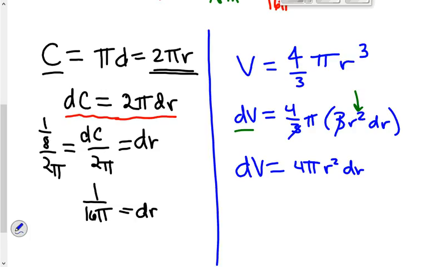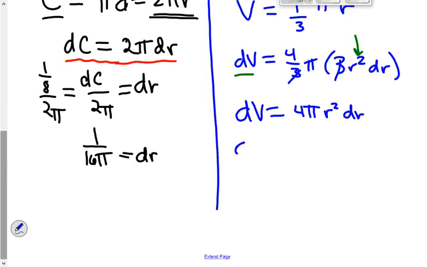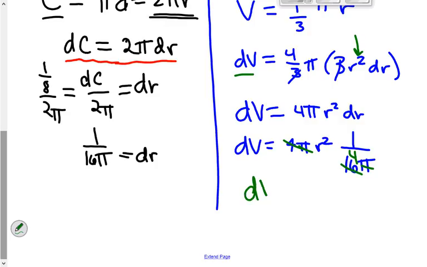What's my dr equal to? 1 over 16 pi, so I've got 4 pi r squared, 1 over 16 pi. Again, I can do a little canceling. I can cancel my pi's. I can cancel the 4 with part of the 16, and I end up with dV is r squared over 4.